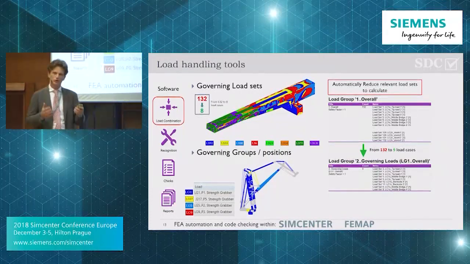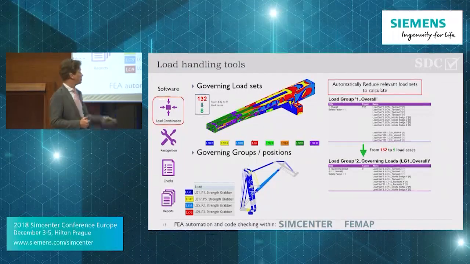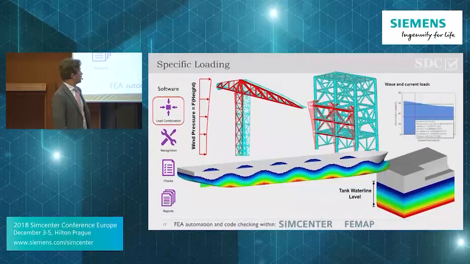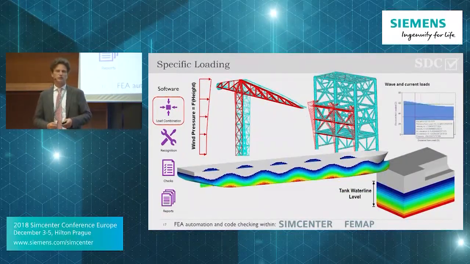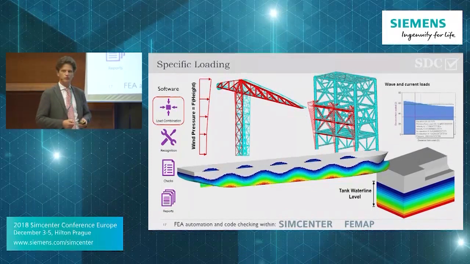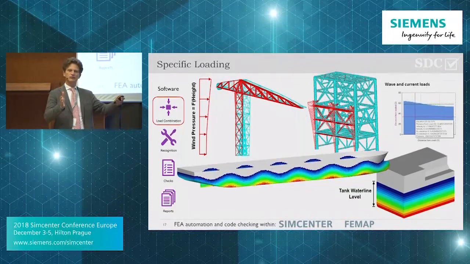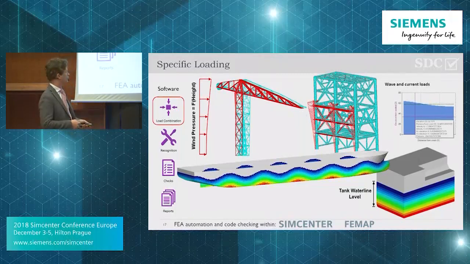What is really important, and if I want to make updates or improvements to my design, where do I need to look first? We have some specific tools which are nice especially if you have to deal with wind or waves. We have tank loads where you only have to set the tank content, the volume or the total weight, and the water level is calculated automatically.